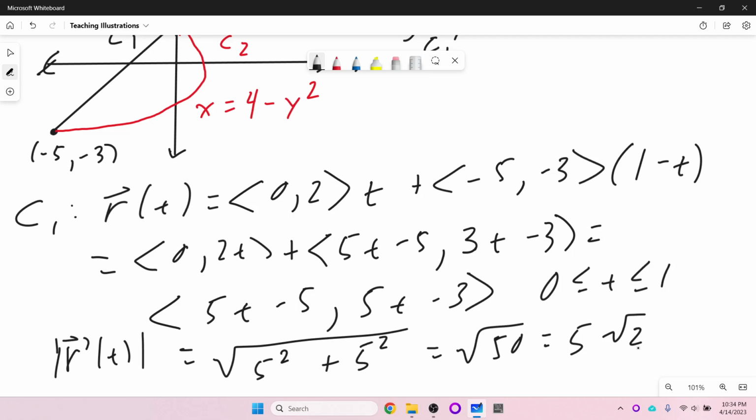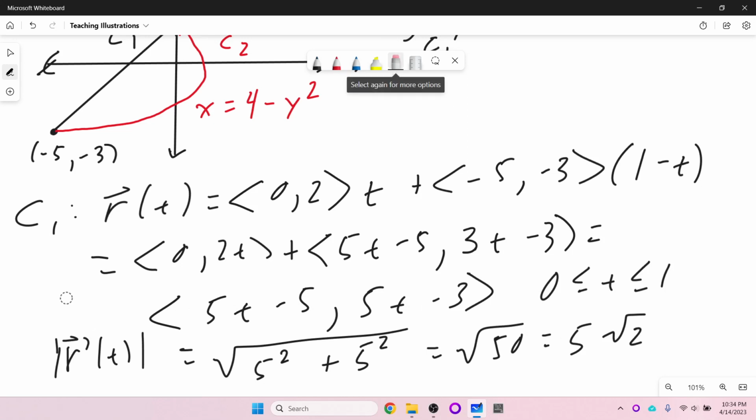Is that right? I think I have this wrong in my notes, they just say 5, but it would have to be 5 root 2, because I take the derivative of each piece, square it and add them together. Yeah, so I would get 5 root 2.